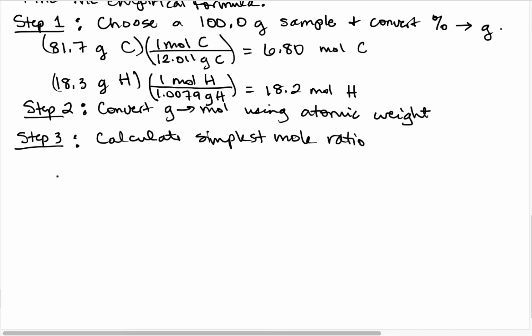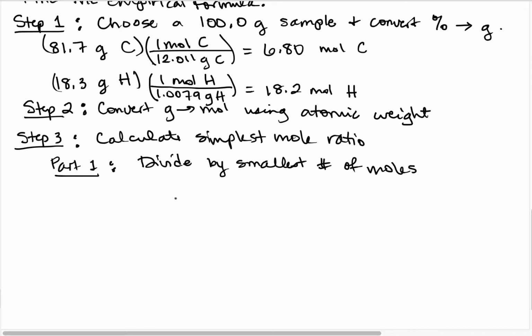So this can have two parts, if necessary. Part 1 is going to be dividing all of the moles by the smallest number of moles. That's what we do when we find ratios, right? So 6.80 moles of carbon is how many we have.